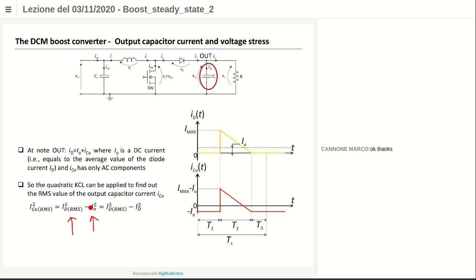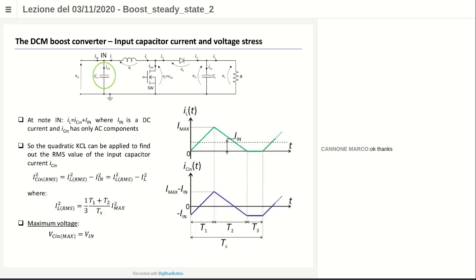And you can replace here what we already derived for ID. The procedure is always the same. Of course the parameters that I have to face are quite different, but the operations are always the same.